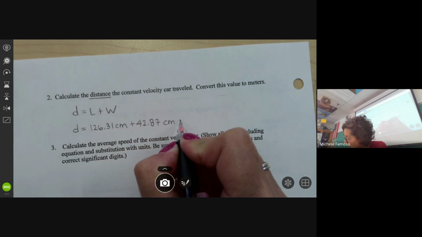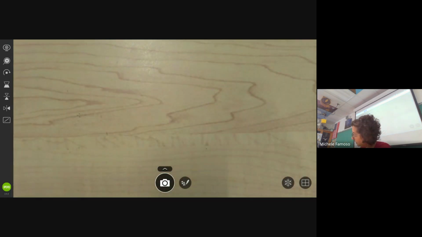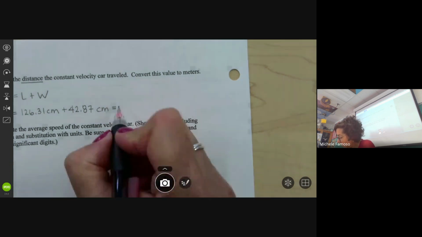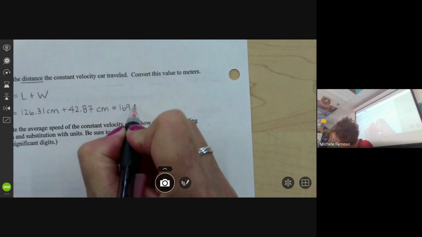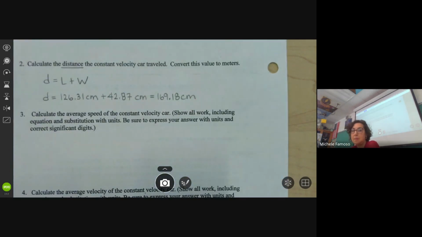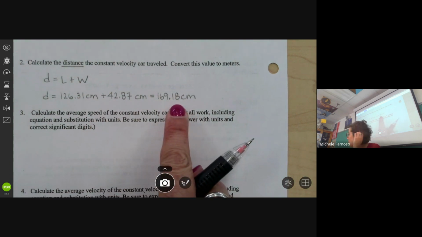Then you're going to get an answer in centimeters. Remember, since we're adding, we're going to keep the precision. So this will also go out to the 100th of a centimeter.